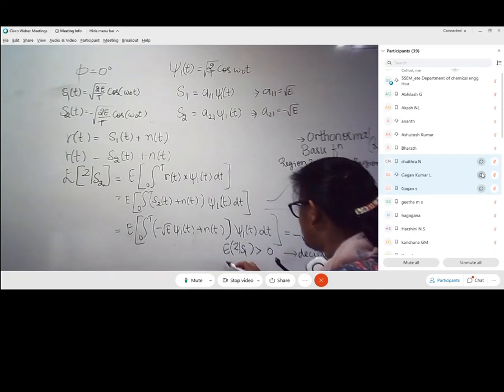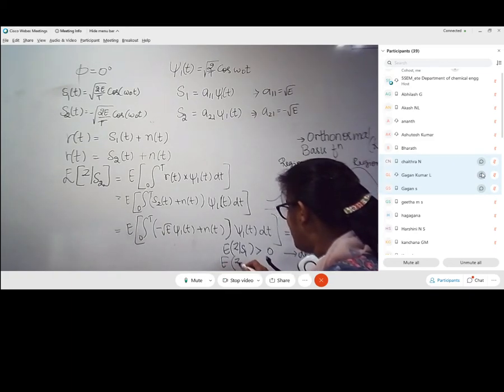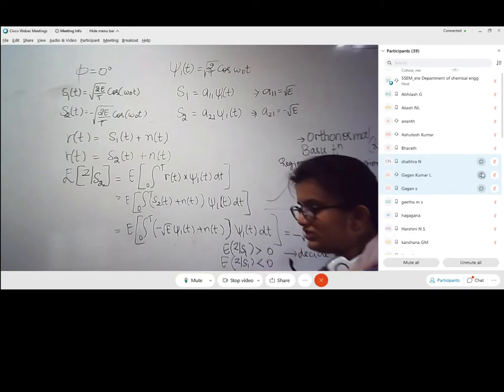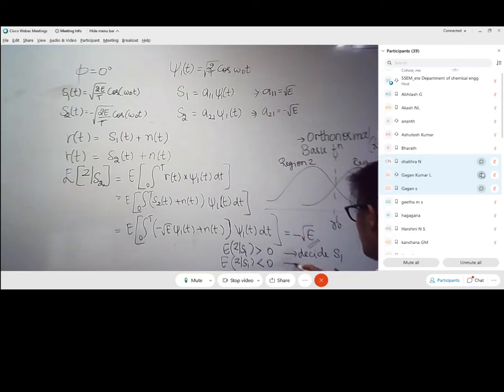If the expected value of Z given Si is less than 0, then I decide in favor of S2. So with properly knowing the phase of the carrier, you can do this process.